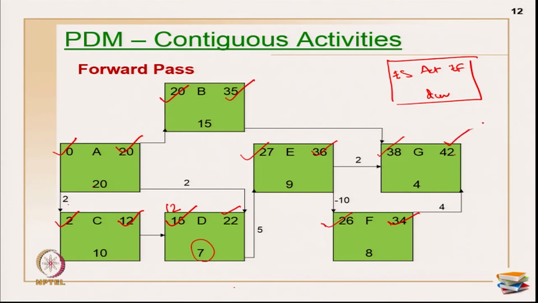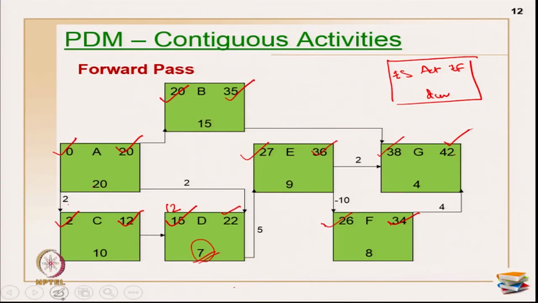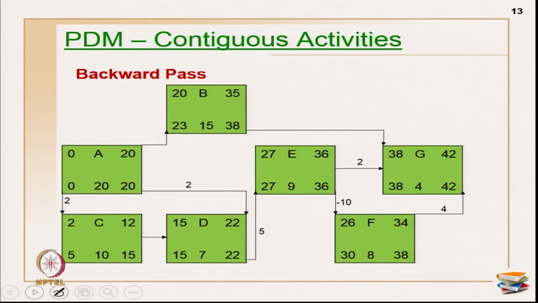So, the maximum is 42 and we are stopping at 42. Just go with the CPM network, we used early starts and early finishes, same logic. The only thing is, because of the type of relationships, you have to see that we are not allowing a break in the activities, and at the same time we are matching the activity durations also, that you have to keep in mind.